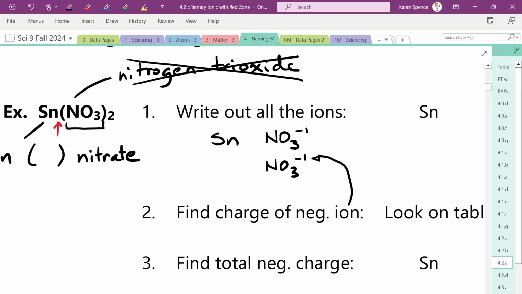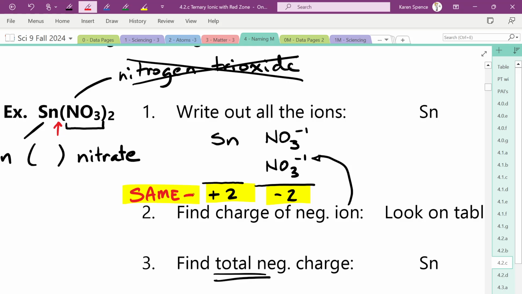We found the charge of the negative ion. Now we need to find the total negative charge. So we add those up. I've got -1 plus -1 is -2. If we have -2, how much positive do we have to have? +2, because these two always have to be the same.